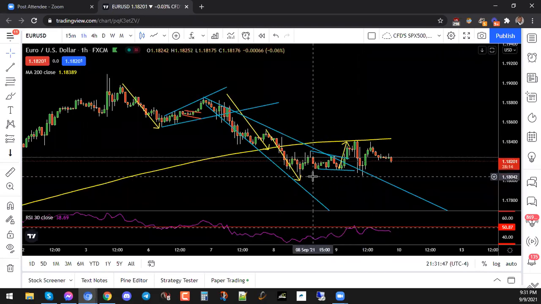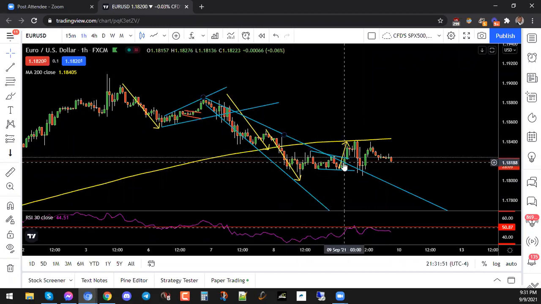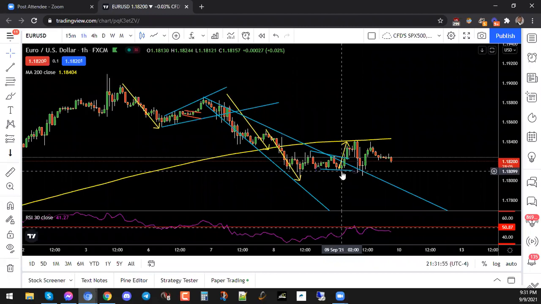So this would mean to us that this impulse has to repeat itself at the end of this pattern formation. At what time are we looking at getting into the market? We're looking at getting into the market at 2 a.m. to 3 a.m. Eastern Standard. So this would have been our entry.